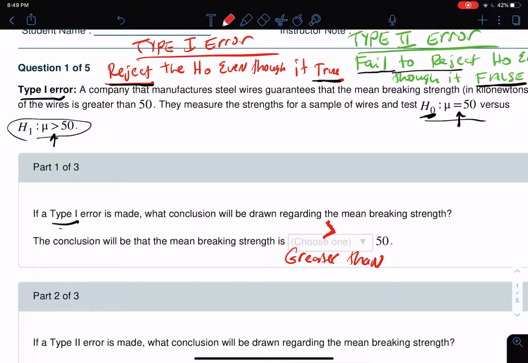Right? So if we do a type 1 error, we would reject this even if it was true. So if we rejected this, once you reject the null, you go with the alternate. So that means you have to go with that the mean is greater than 50, and so that's why we got that. Okay.